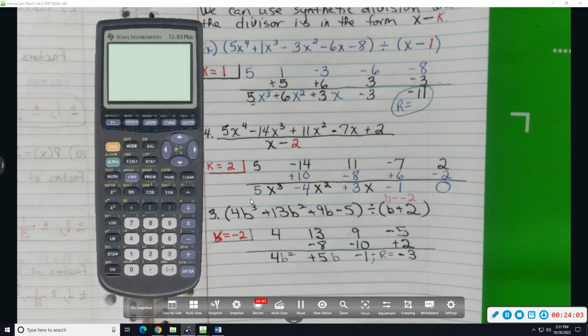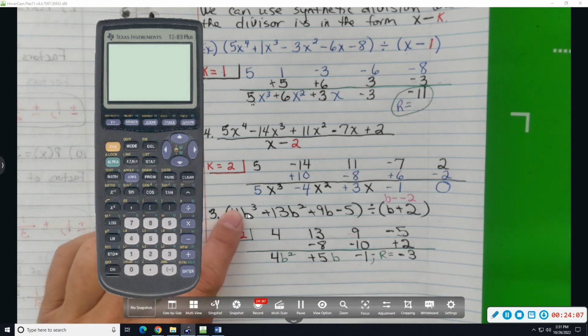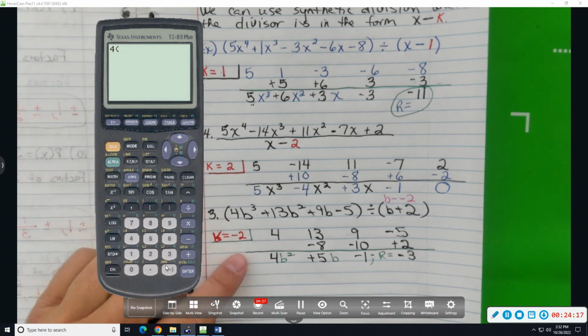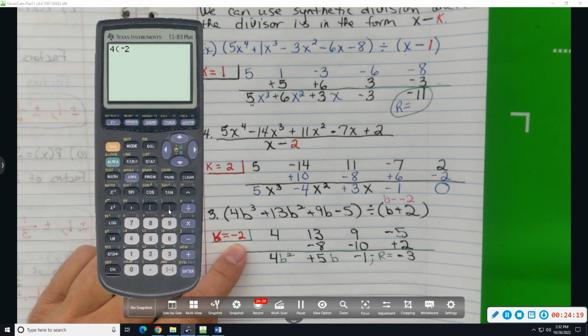Let's just see. If we take negative 2 and we plug it into 4b cubed plus 13b squared plus 9b minus 5, what are we going to get? Replace the b with negative 2. And we want that cubed. Notice how I use that little caret to enter an exponent?